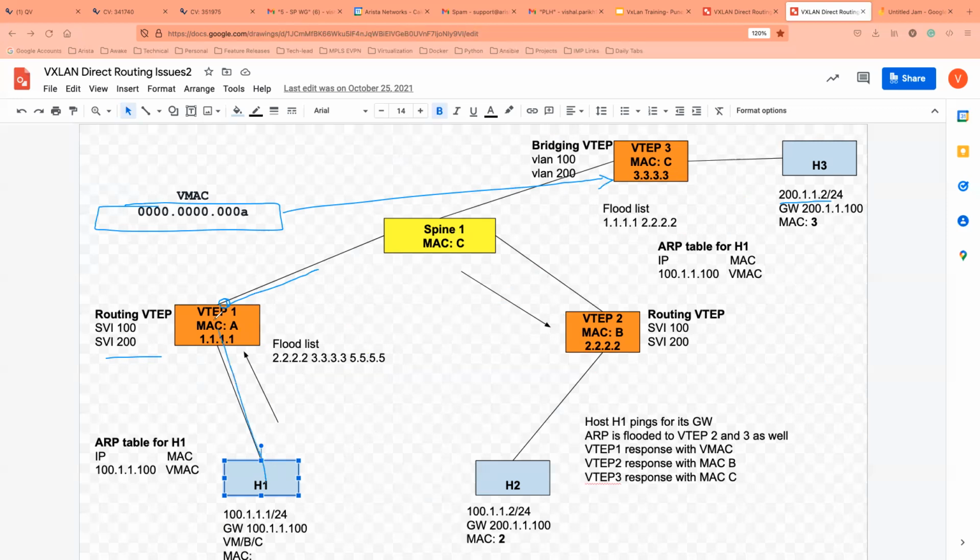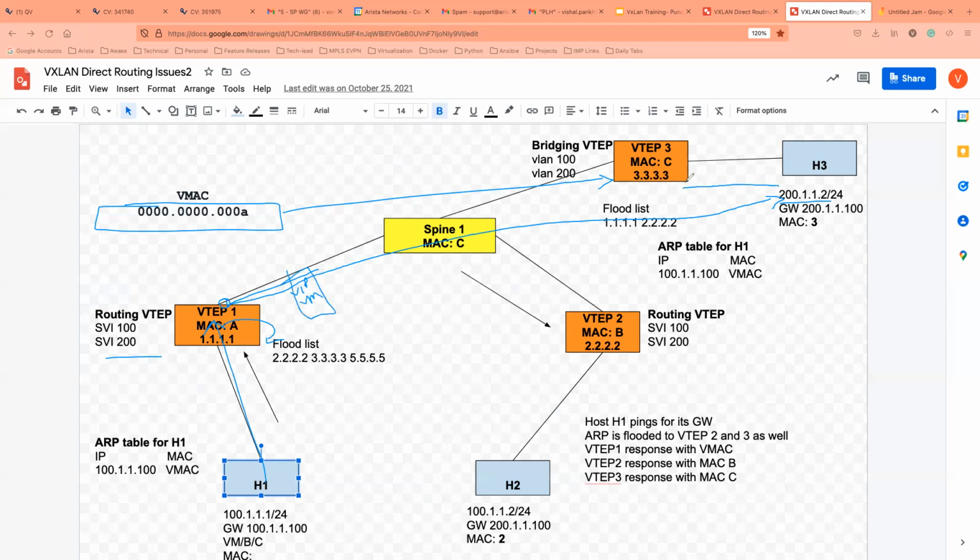It will send the packet to the gateway, route from SVI 100 to 200, and on 200 it will send out an ARP request for this IP address. The inner source IP will be the virtual IP and the source MAC will be the virtual MAC.